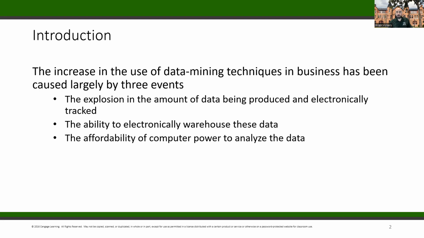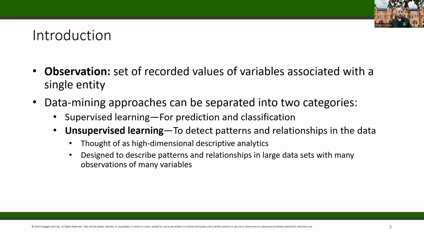We're going to talk about a few terms you're going to need to know. One is observation. This is where you have a single entity and all of the recorded variables associated with that entity. If I say the observation was on Monday, July 6th, and I recorded the temperature, the precipitation, and cloud coverage, all of those things are associated with this one observation.